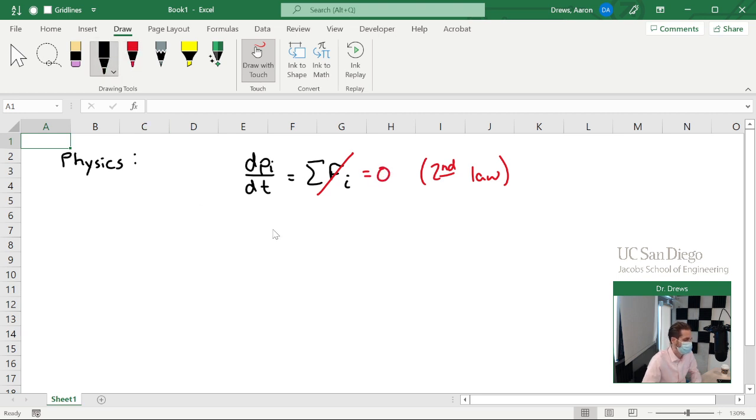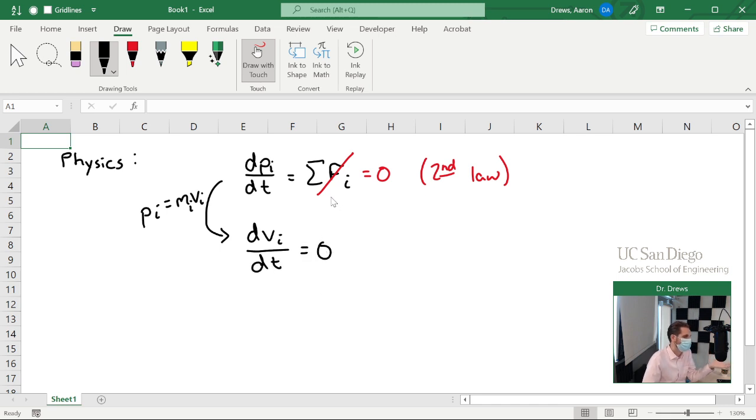The step that I don't really care whether you remember it or not, because I will always end up doing the math, is that if the momentum is defined as the mass times the velocity of a particle, and the mass is constant, then that comes out of the differential. And you may not have gotten to differential equations in your calculus class yet, but the end result of doing something like that is that the time rate of change of velocity is also going to be 0.